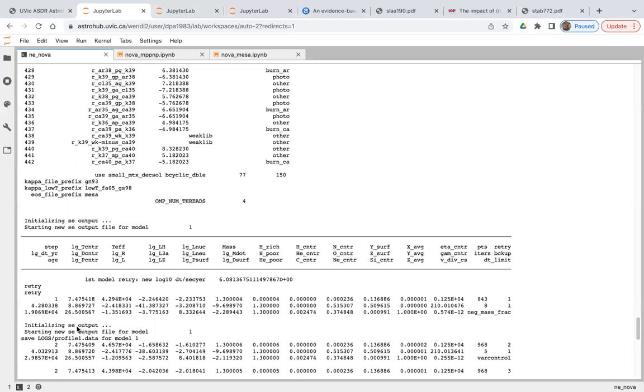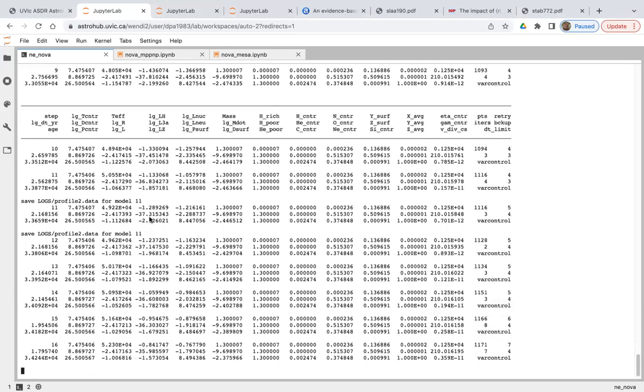These files contain detailed information about the structure of each of these models, model 1, 2, 3, etc. They give the distribution of temperature, density, and mixing diffusion coefficient as a function of radius or mass coordinate, right?